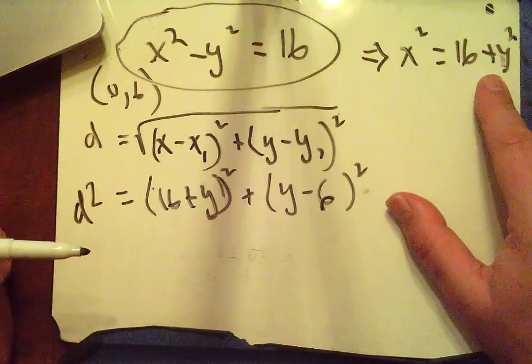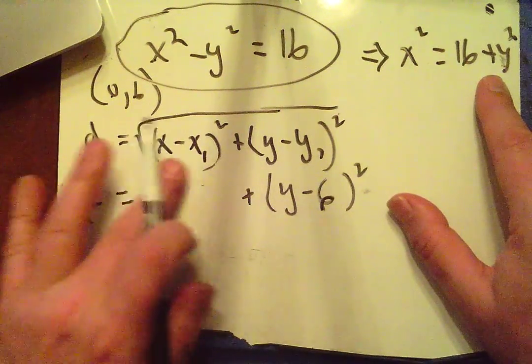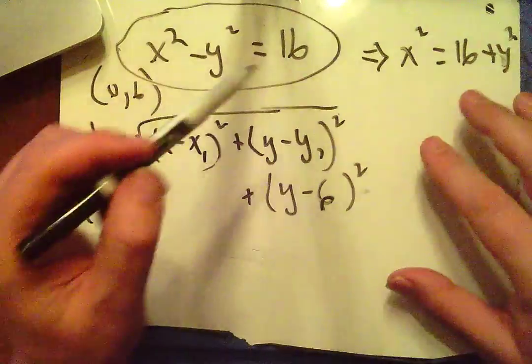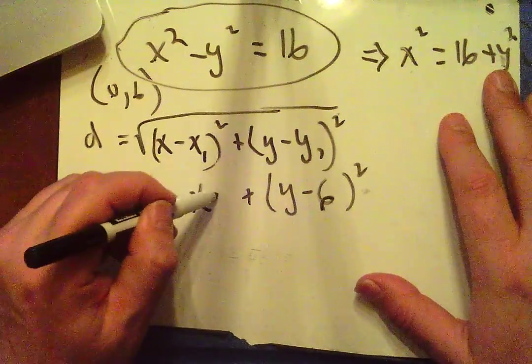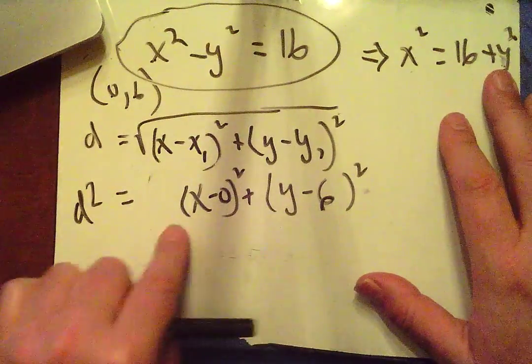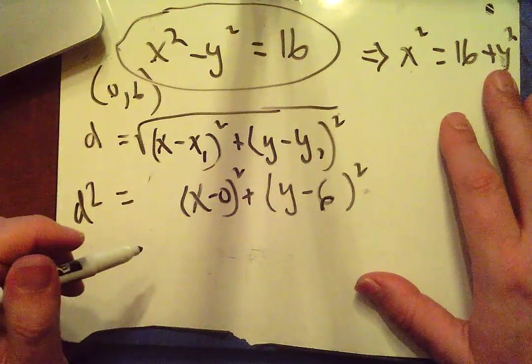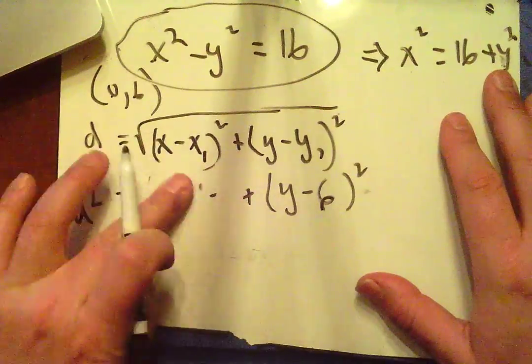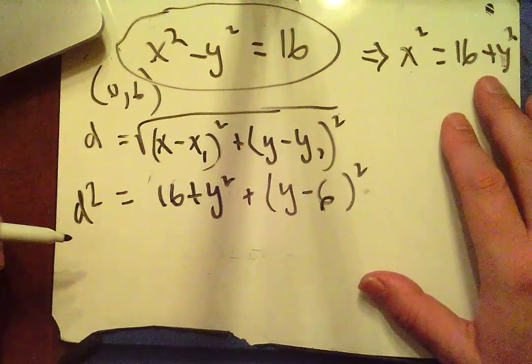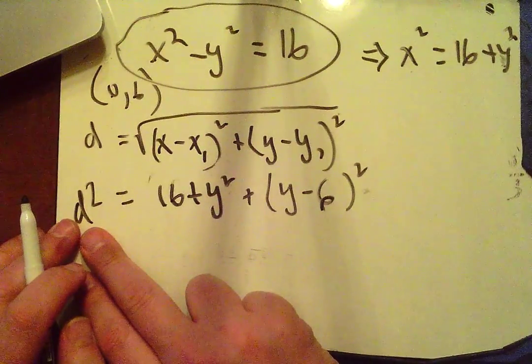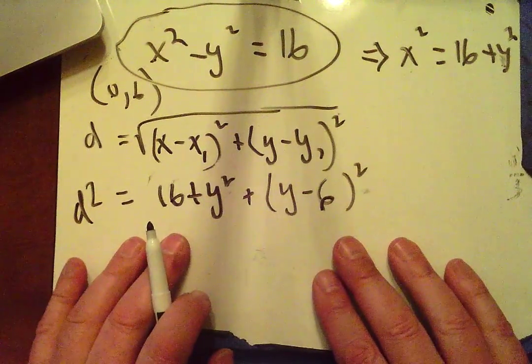Okay, so we know that x squared, this is x minus 0 squared. We know that x squared is 16 plus y squared. And so now I have that distance in terms of y stuff.